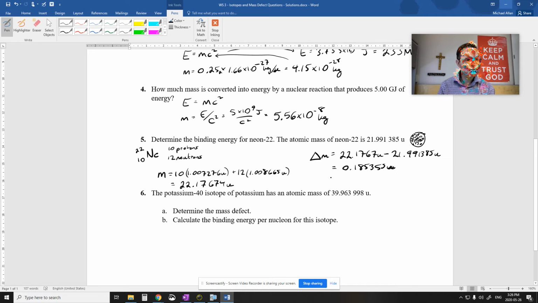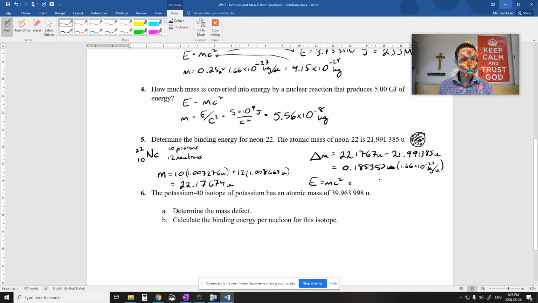Now to find the binding energy, I got to use this formula, but I need my mass in kilograms. So I'm going to change this. I'm going to times this by 1.66 e to the negative 27 kilograms per atomic mass unit. Remember that number is just found in your formula sheet.